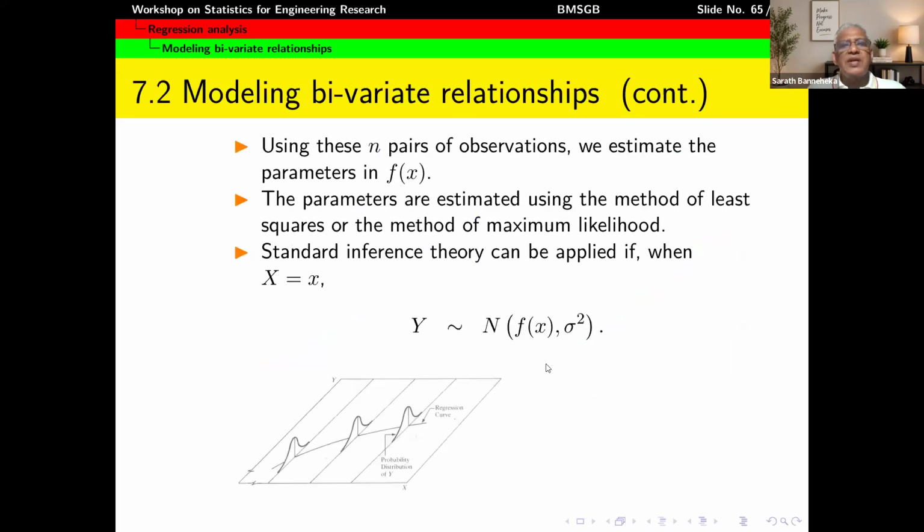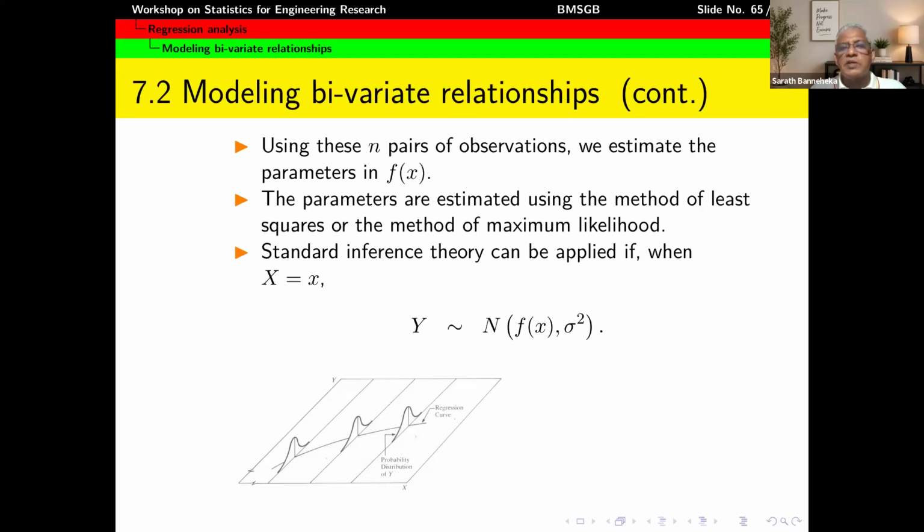Right. So using the n pairs of observations, we estimate the parameters in f(x). In the previous slide, I showed you that when you think of a model, that model is going to be a function of, in this case, only one x. So it can be a linear regression model or even a nonlinear regression model, depending on what shape you see, or what type of curve you can assume to go through the observed pairs of observations.